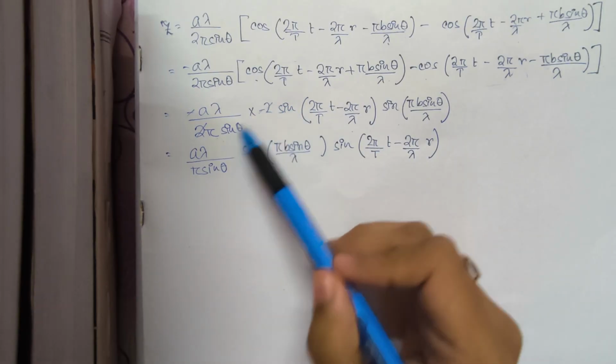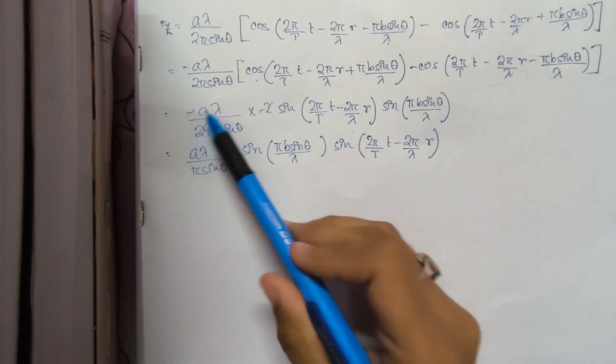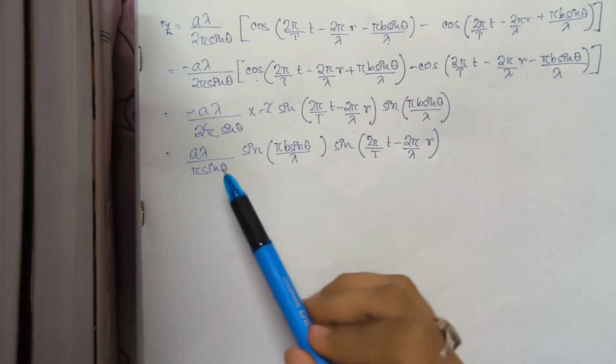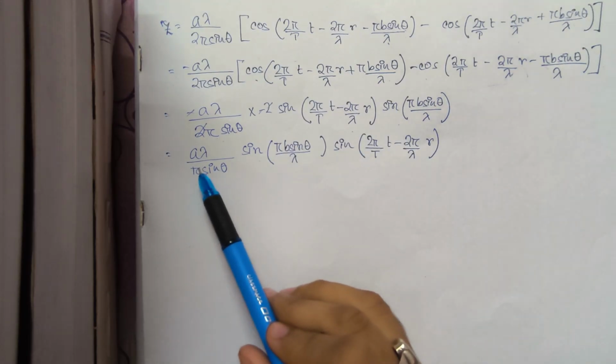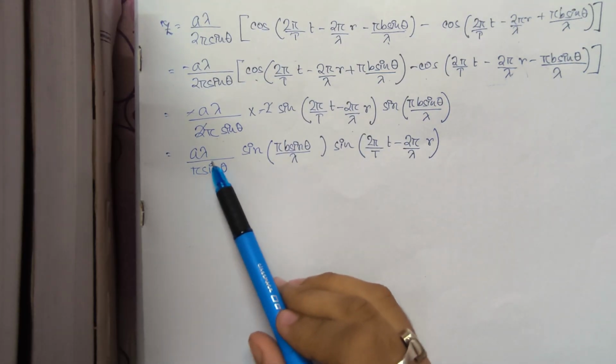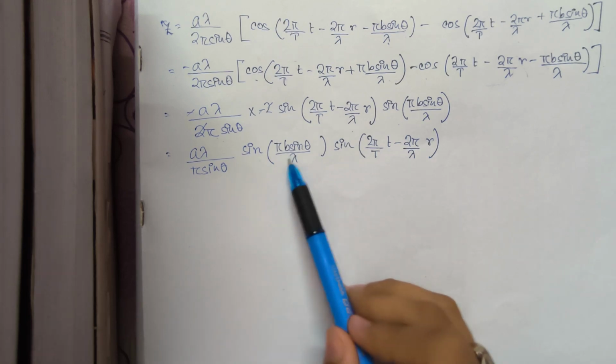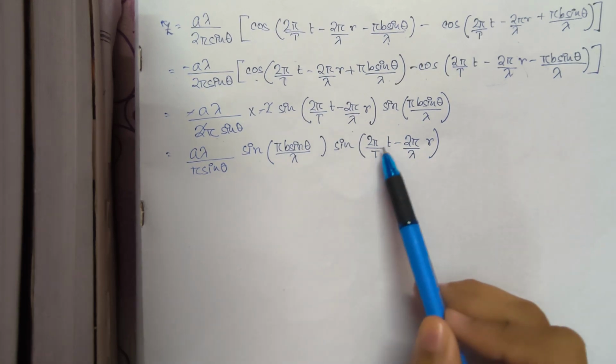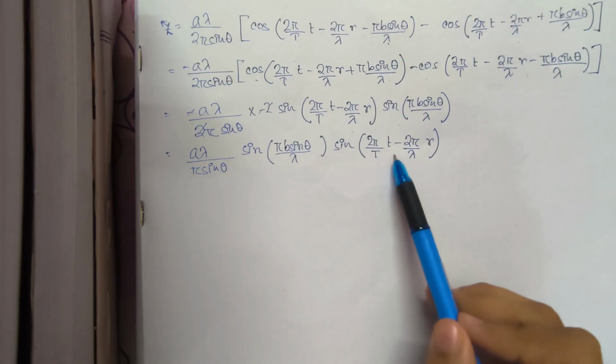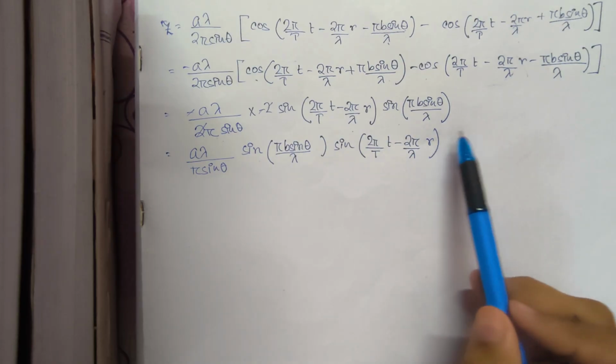So now this 2 and 2 will get cancelled, and minus into minus becomes positive. So we can write a lambda by pi sine theta into sine of (pi b sine theta by lambda) into sine of (2 pi by capital T into small t minus 2 pi by lambda into r).